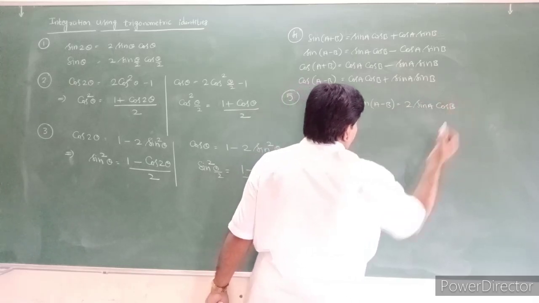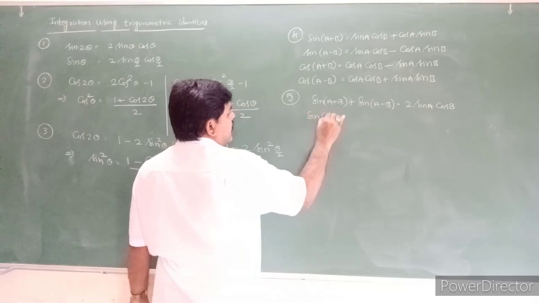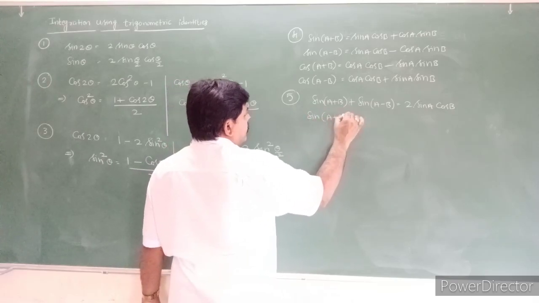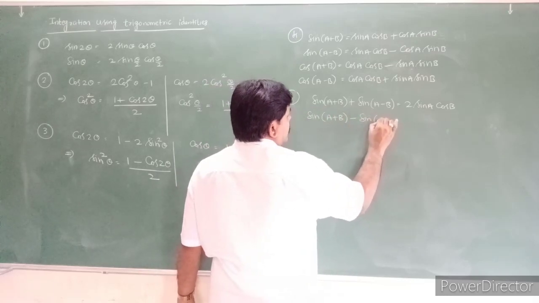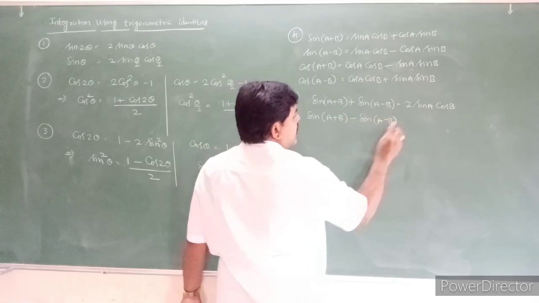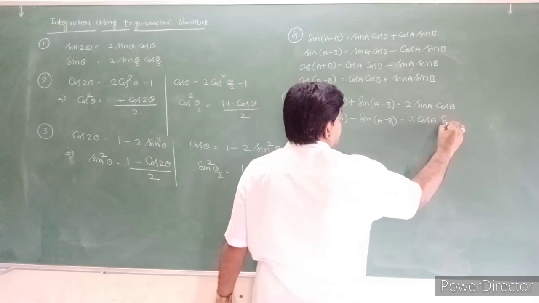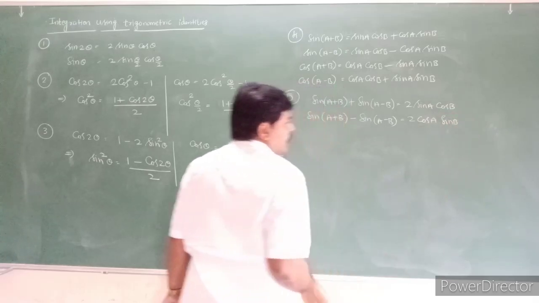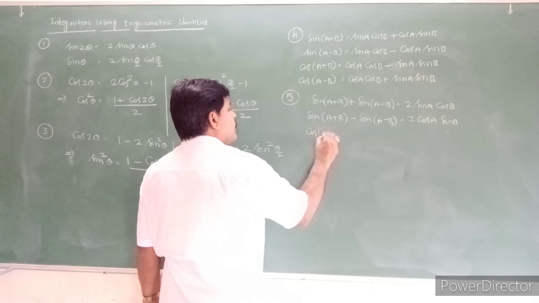And sin of a plus b minus sin of a minus b is equal to 2 cos a sin b.